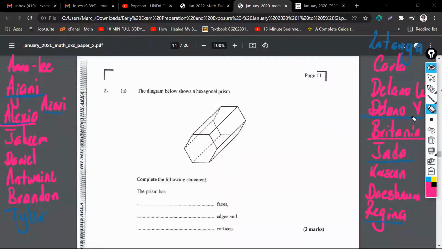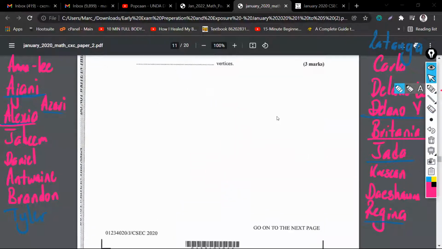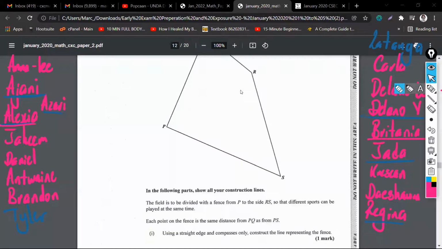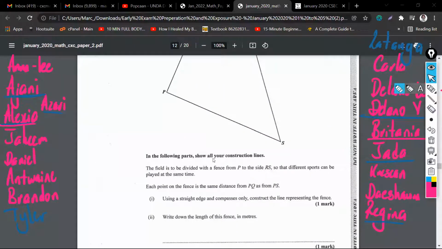So just going through number 3 to get into the gist of it. A sports club owns a field PQRS in the shape of a quadrilateral. A scale diagram of this field is shown below. 1 centimeter represents 10 meters. In the following part, show all your construction lines.